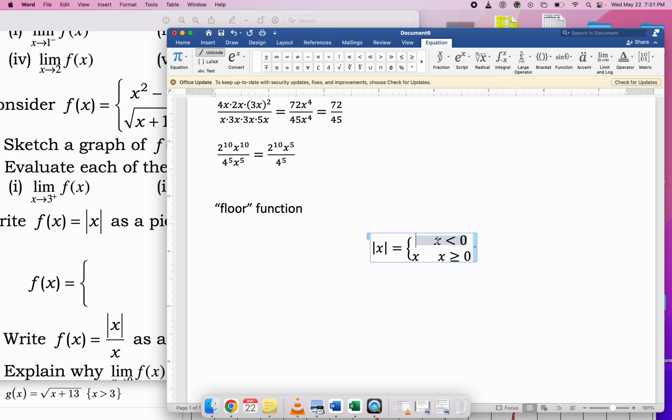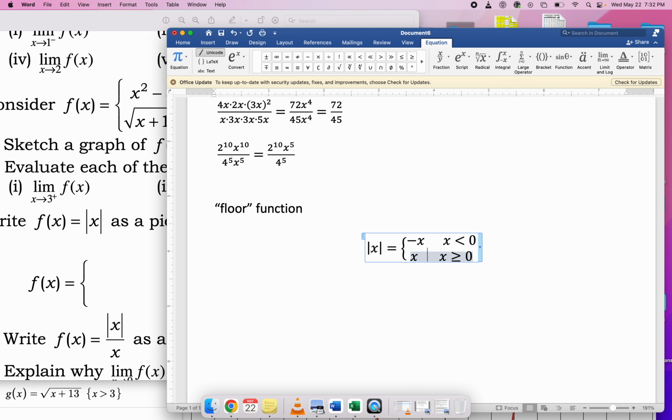Now, what does the absolute value function do when x is negative? Well, people usually say what it does is it makes the number positive. That's fine, but how does it do that? Well, one way of describing it is that the absolute value function makes the number positive by multiplying it by -1. So the absolute value of x when x is a negative number is actually the opposite of x.